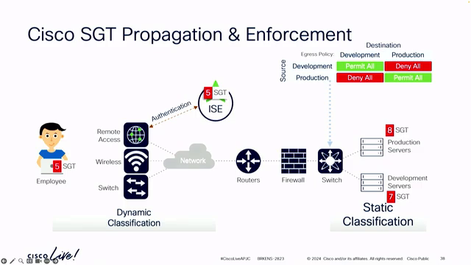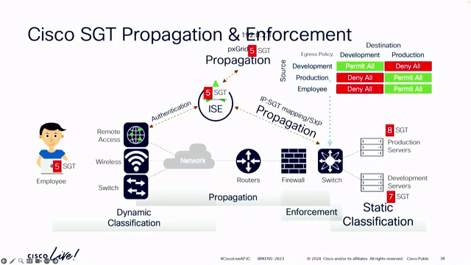Now we have some means of propagation already available, whether inline or control plane, so the network is enabled for propagation. Then if the employee wants to access my production server, based on the policy, the employee is allowed to go to the production server, versus the employee trying to access the development server, which is actively shut down.